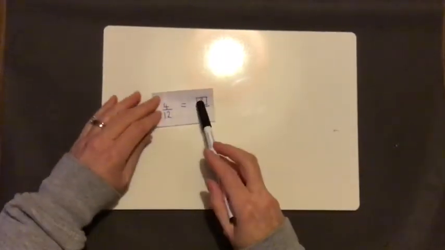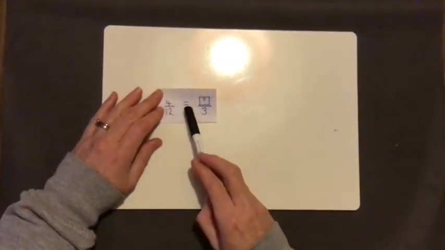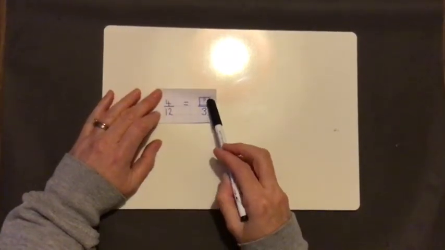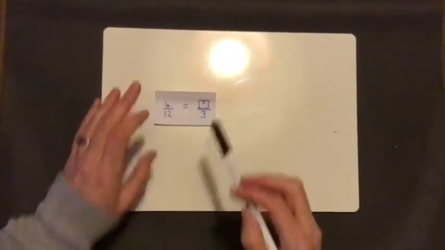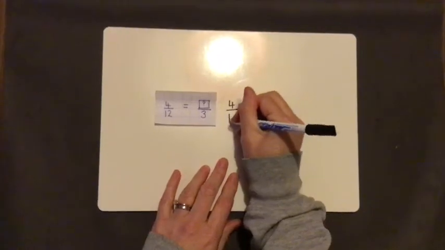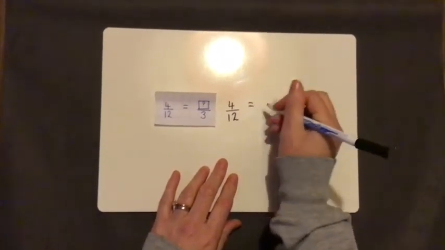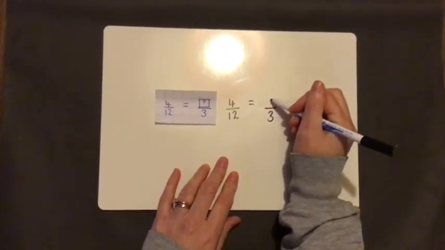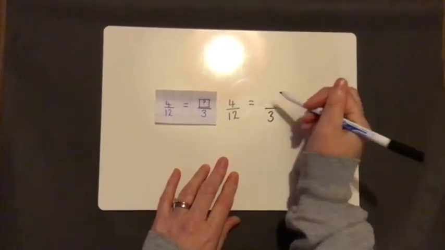Let's have a look at another one. Here we've got 4/12 is equal to something thirds. This time the numerator is missing. So we're going to do a similar method again. We've got our 4/12, we've got our thirds, and this is our missing number here, our missing numerator.